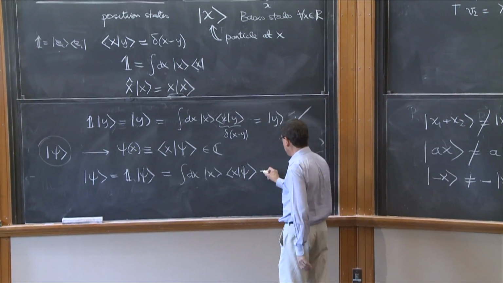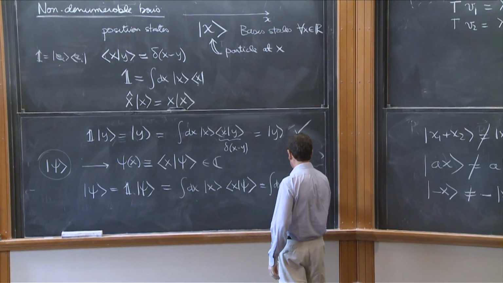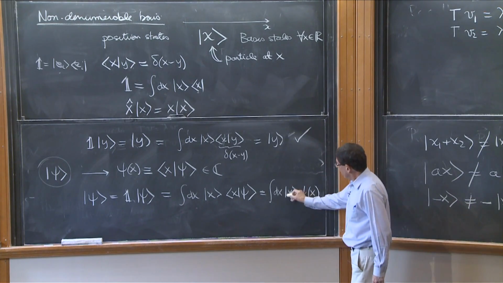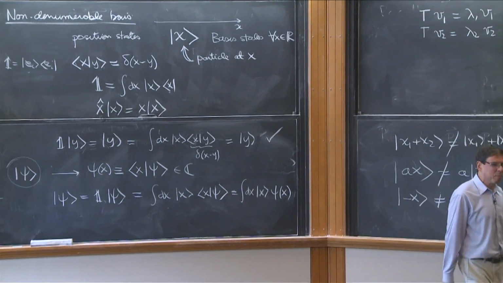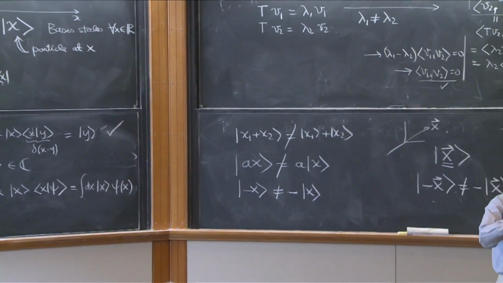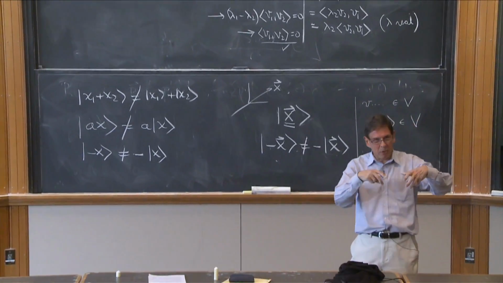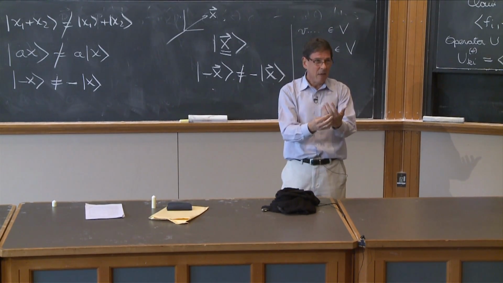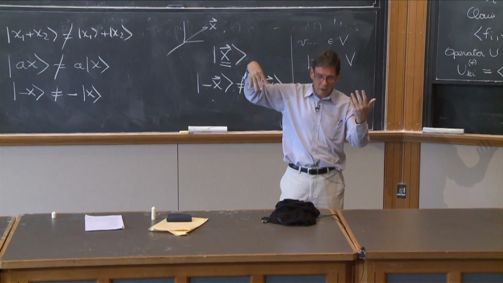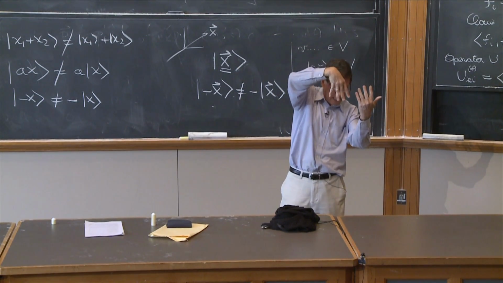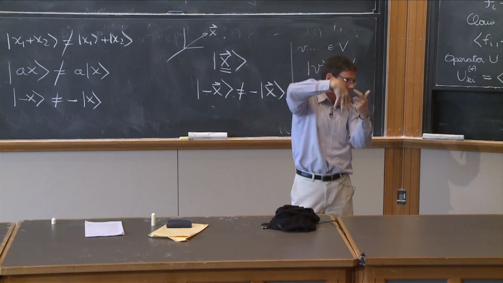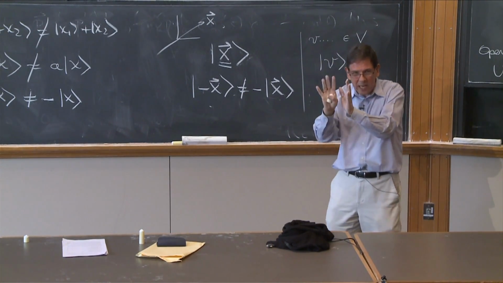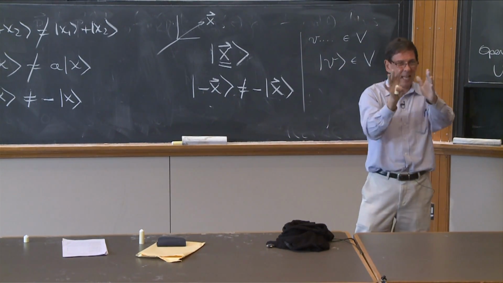This is a number, and this is ∫dx |x⟩ψ(x). This equation has a nice interpretation. It says that the state is a superposition of the basis states, the position states, and the component of your original state along the basis state |x⟩ is precisely the value of the wave function at x. So the wave function at x is giving you the weight of the state |x⟩ as it enters into the sum.